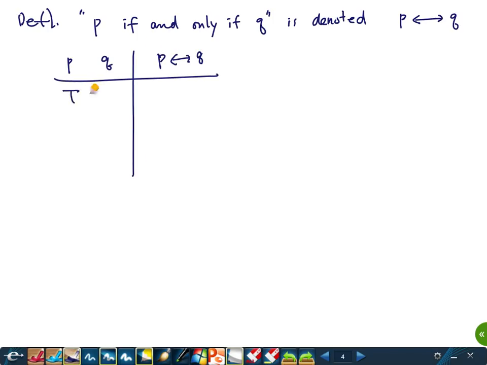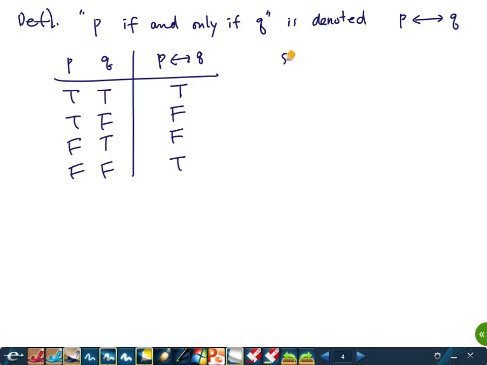There are 4 situations: TT, TF, FT, FF. This is defined to be true, false, false, true. So you can see this is true if their truth values are the same. Think of it that way. If their truth values are different, then it is false. Otherwise, true.